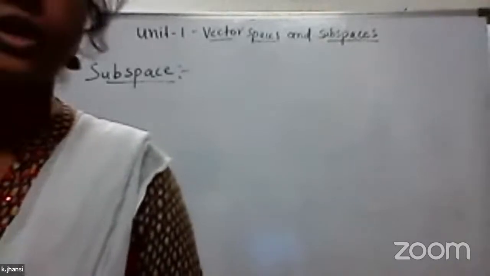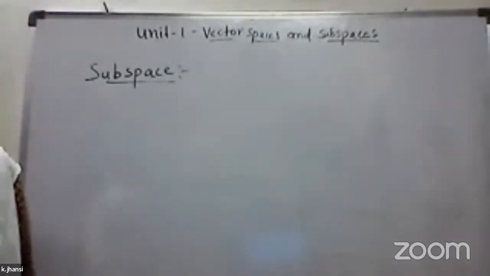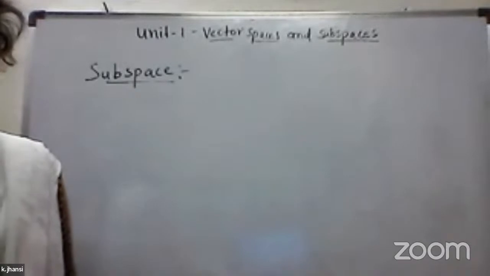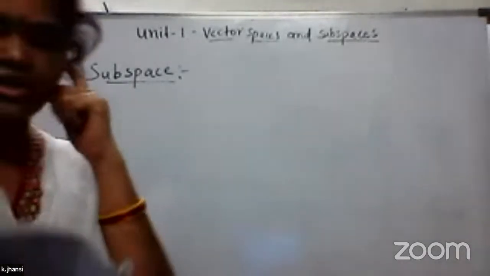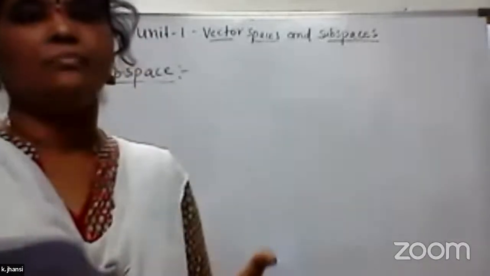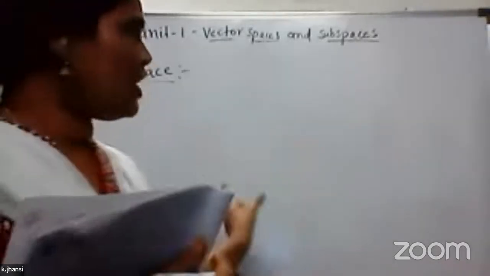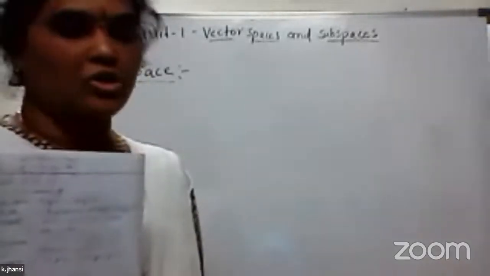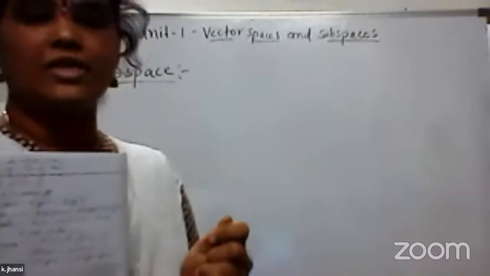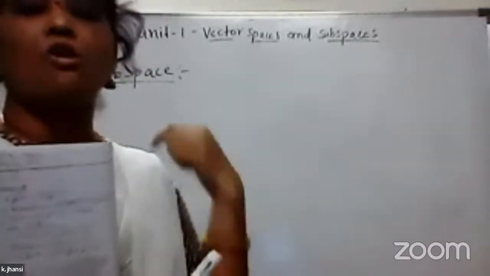After that, you have the necessary and sufficient conditions. Three conditions are there. With the help of those three conditions, for any problem given, you can solve it and show that the given subset is a subspace of V.